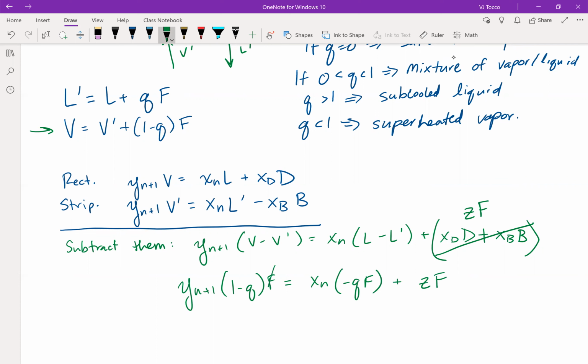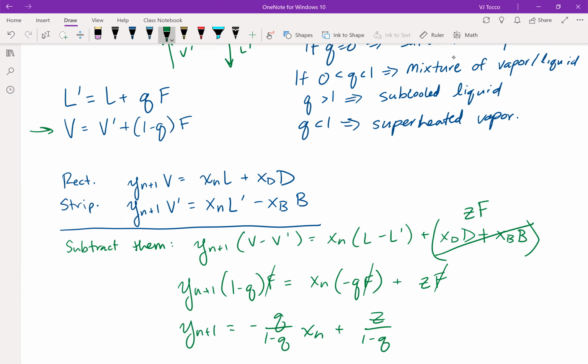I've got a common F in all of these terms, so that can be canceled out. And if I divide through by 1 minus q, I obtain y of n plus 1 is equal to minus q over 1 minus q times x n plus z over 1 minus q.